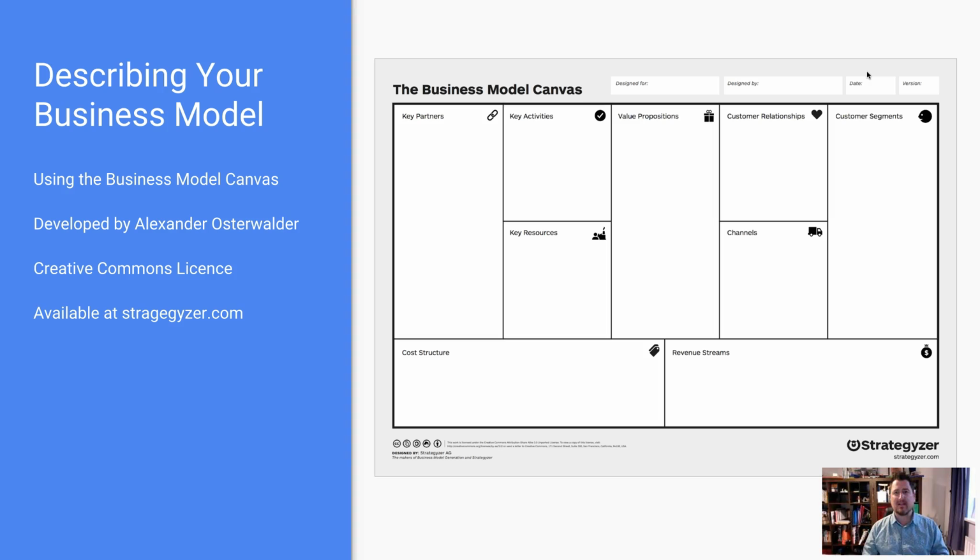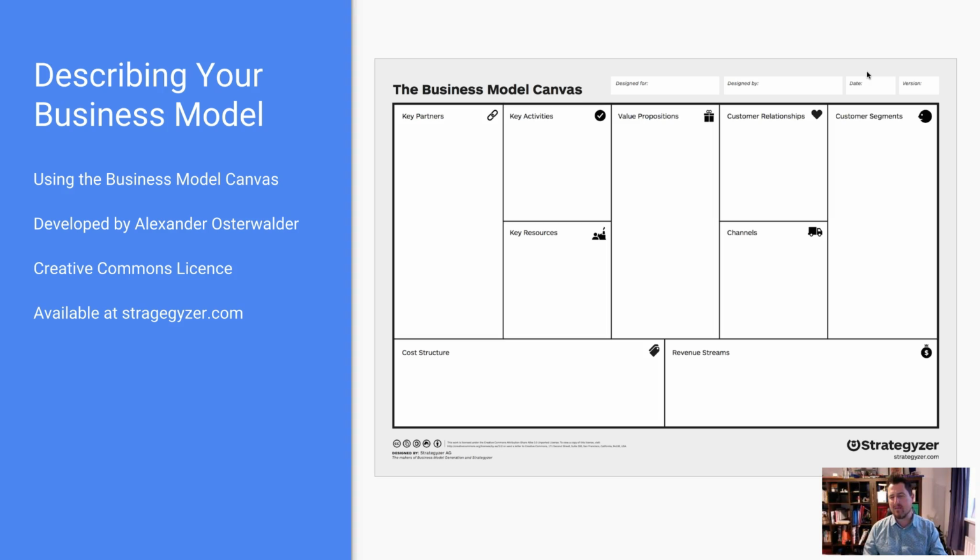So as I've said, this is a tool called the Business Model Canvas. It was developed by Alexander Osterwalder, and it is available free of use on the internet through the Creative Commons license, which means you're free to distribute it, you can modify it, you can use it, you can share it with friends, you can share it with family, you can share it with whoever you want, as long as you note who it's available from.